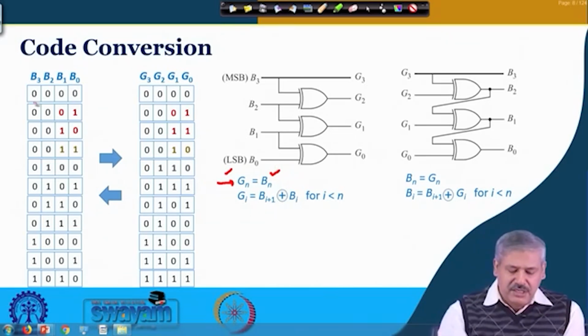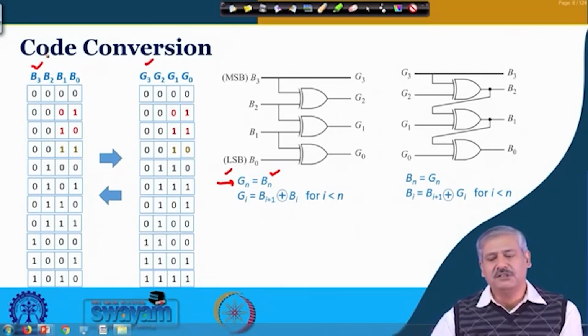Here, if we take this 4-bit example, G3 will be the same as B3, and for other values, Gi is Bi plus 1 XORed with Bi.